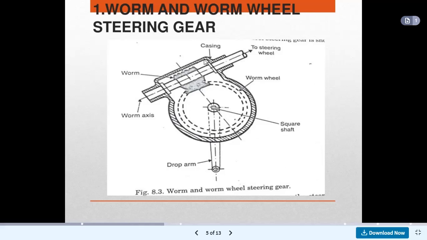This is the casing. The worm axis is available here. This worm is connected to the worm wheel. After that, this is the square type of shaft. This is the drop arm. This is the worm and worm wheel steering gear.